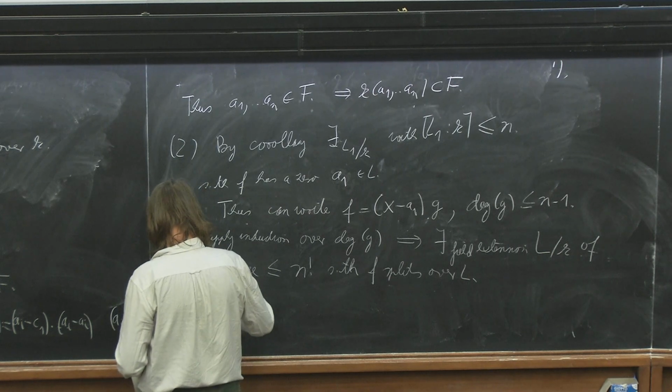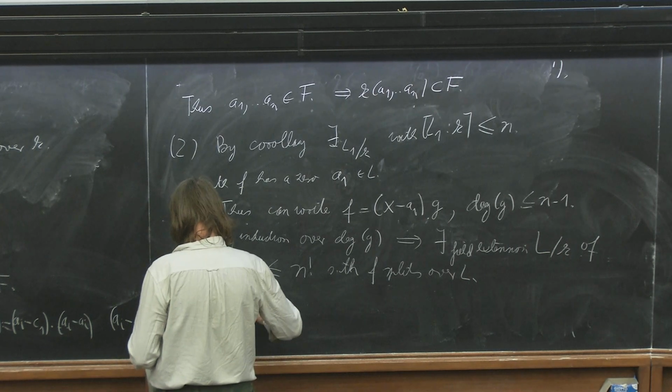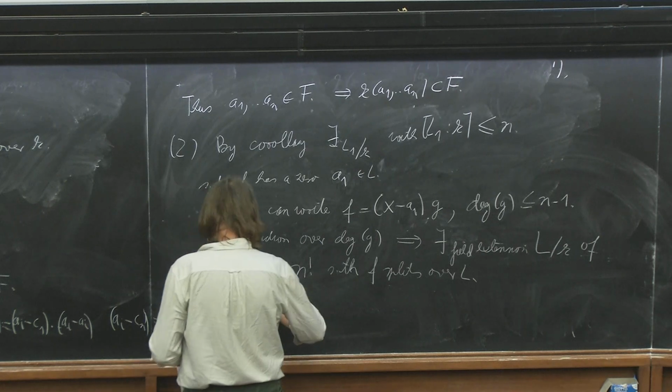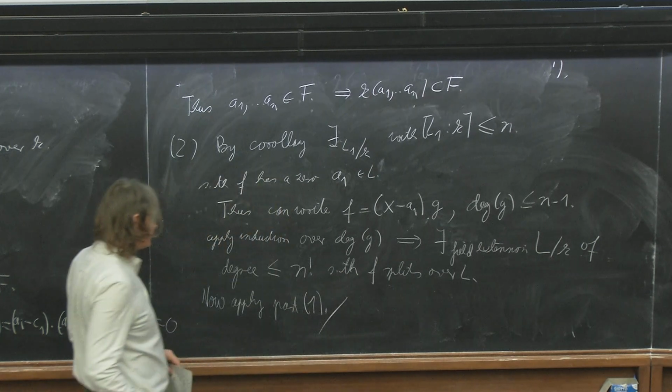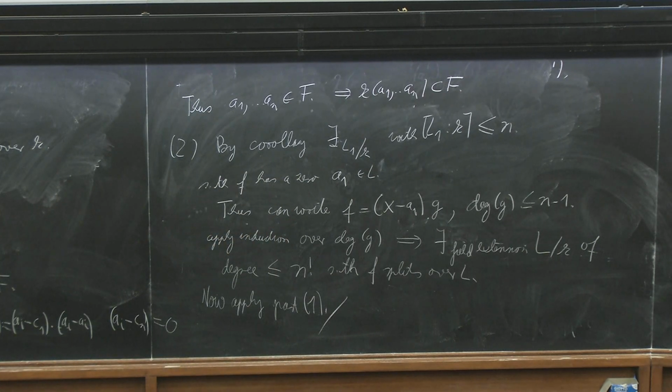So now apply part 1 to get the splitting field of degree at most n factorial.